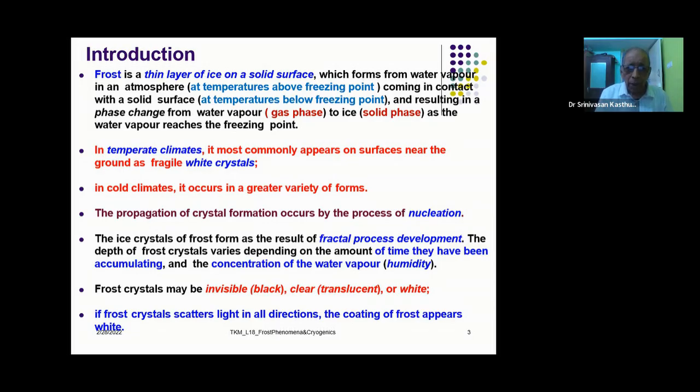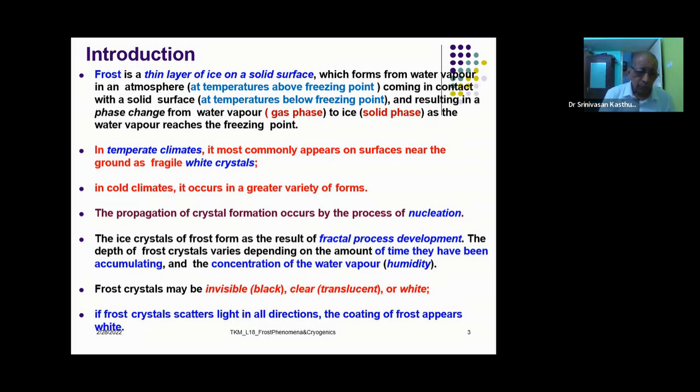The water vapor is originally in the gas phase, and then it converts to ice, which is a solid phase, and this ice deposits on the surface of the solid. So frost occurs on a solid surface because of the water vapor present around it.